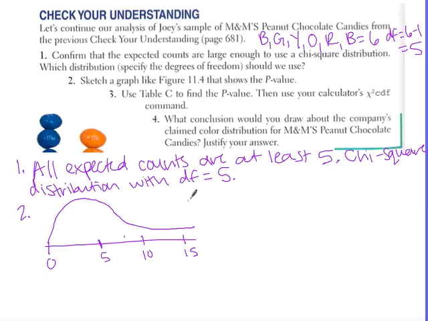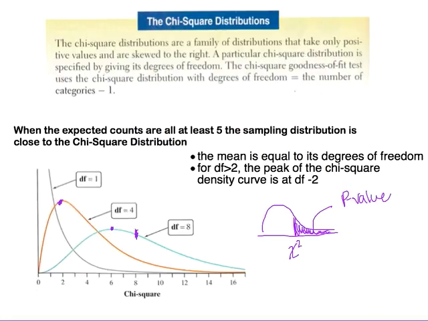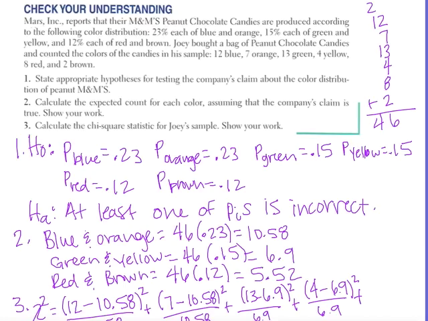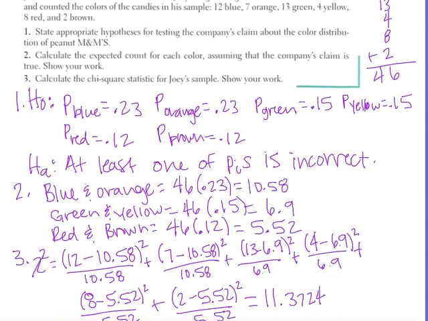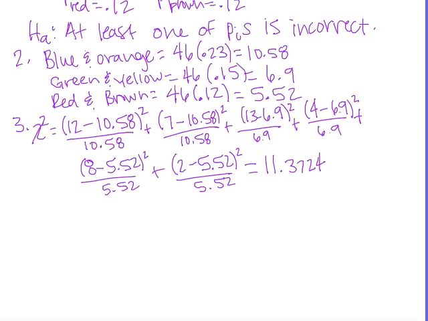Now, we also found our chi-squared earlier. Remember that your distribution has a line, and you're finding the area to the right of that line, and that would be your p-value, but that line is your chi-squared. If we go back to that original problem where we worked it out, we found that our chi-squared was 11.3724.